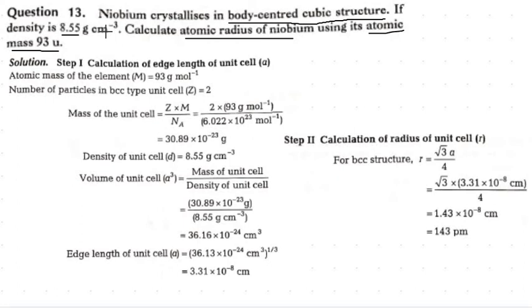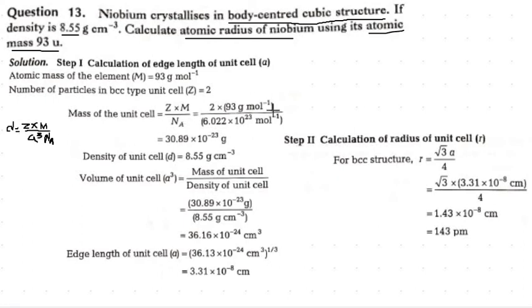We are going to calculate the cell edge length. So this is our formula: D is equal to Z into M upon A cube into Na, and if we are going to find A cube, D will come down, and the formula will become Z into M upon D into Na.